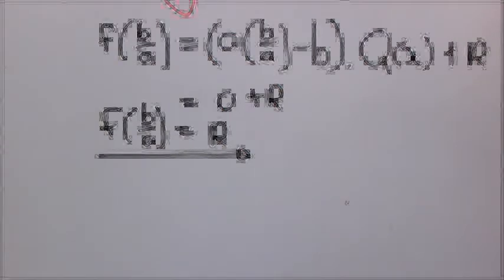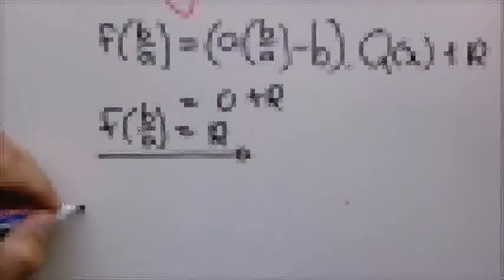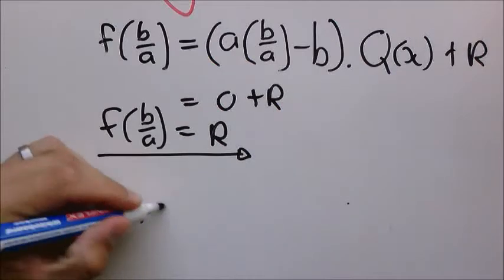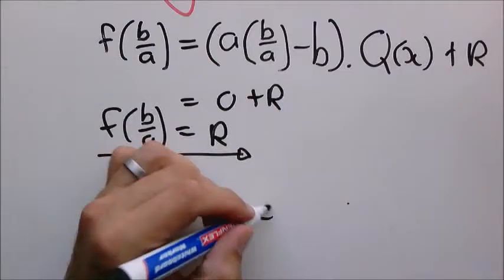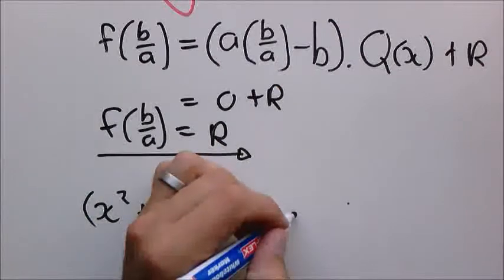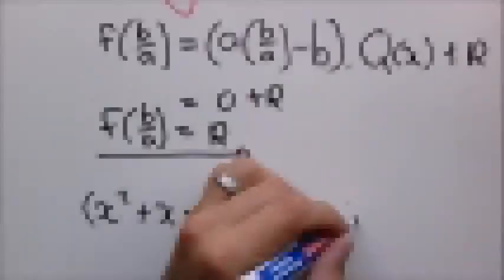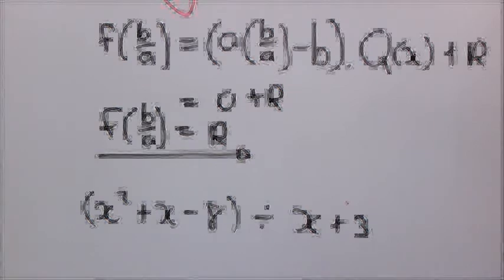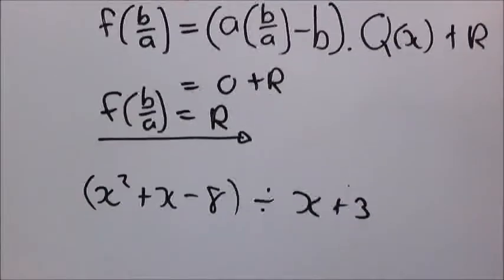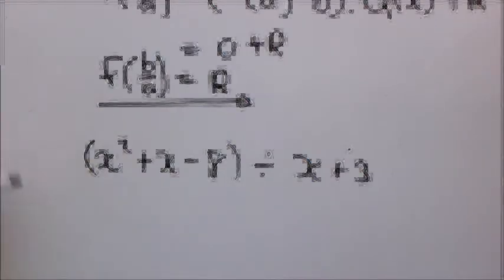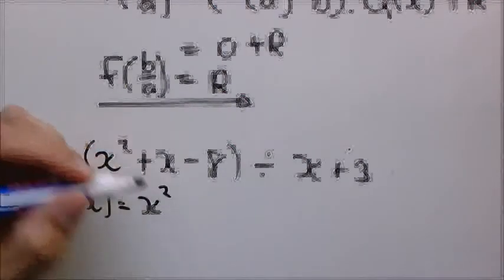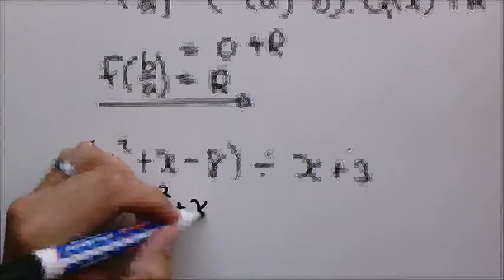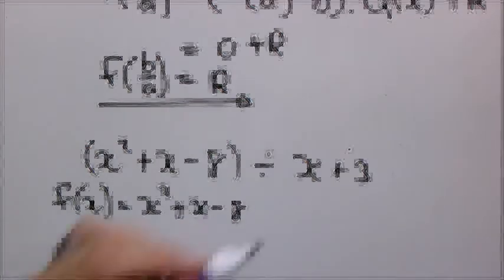So let us look at number 4 again, the previous example. We had x squared plus x minus 8, and we divided it by x plus 3. So in that case, we will say, okay, f(x) is equal to x squared plus x minus 8.